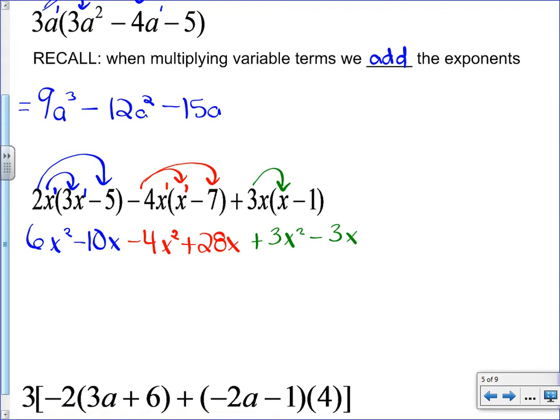Okay, Caitlin, you're up. What would be my next step here? I have to group like terms together. So I'm going to start with 6x squared. What's the same as 6x squared? Good. So I've taken care of all of my x squared terms. Kevin, what will I write next?